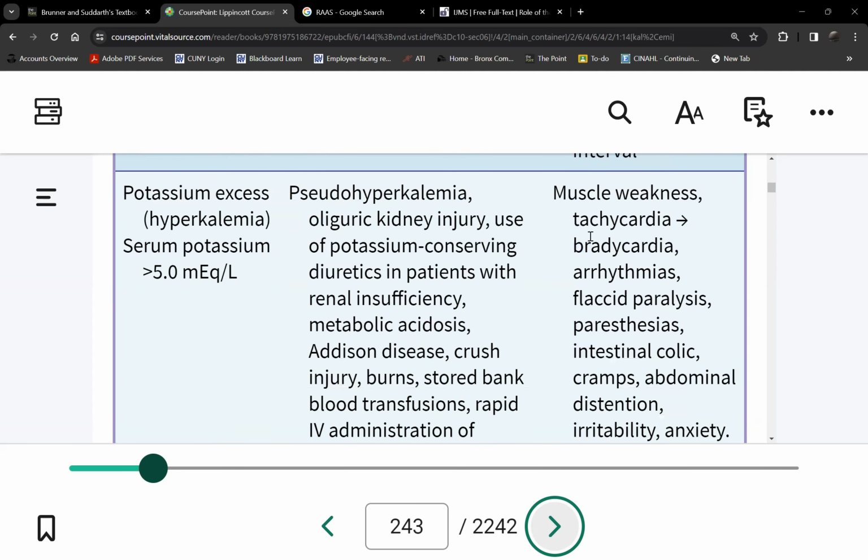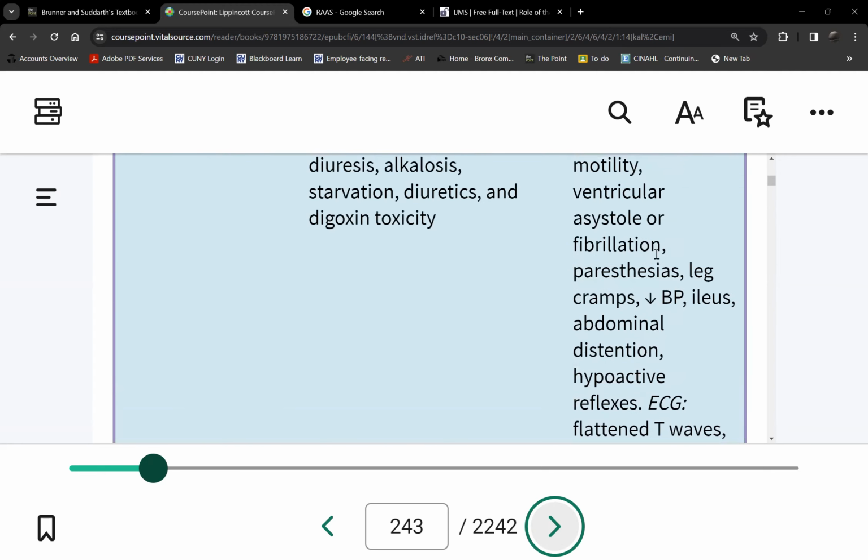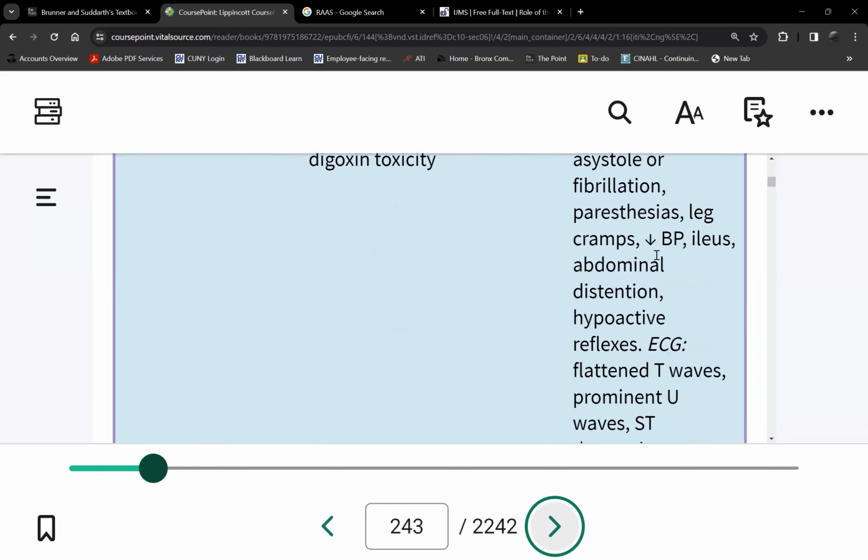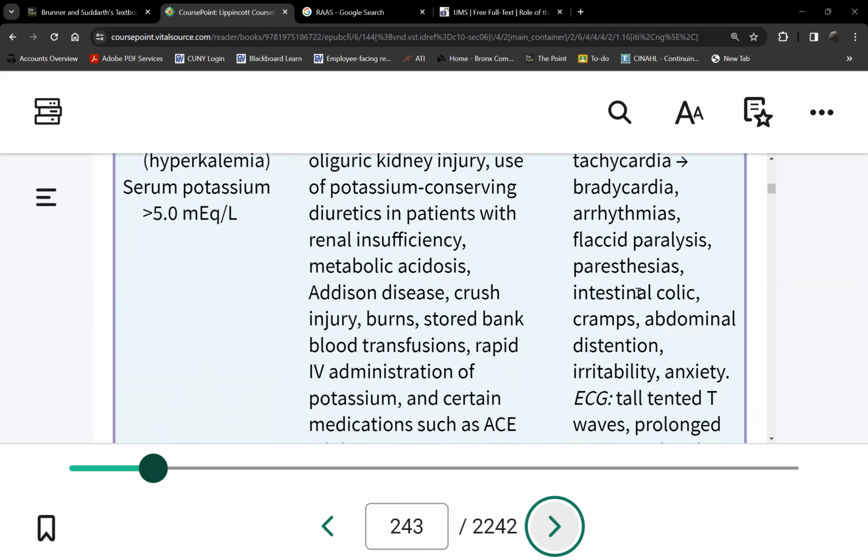Whereas with excess, same, if you look at the pattern, whether it's low or high, we're concerned with cardiac problems. Although with the GI, it's opposite. In deficit, you have low peristalsis, constipation, nausea, vomiting, then you have diarrhea and cramps in hyperkalemia.